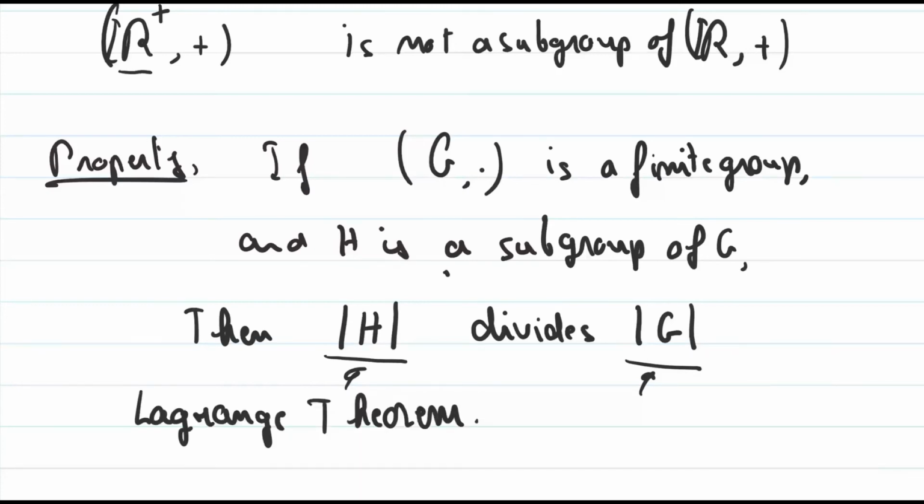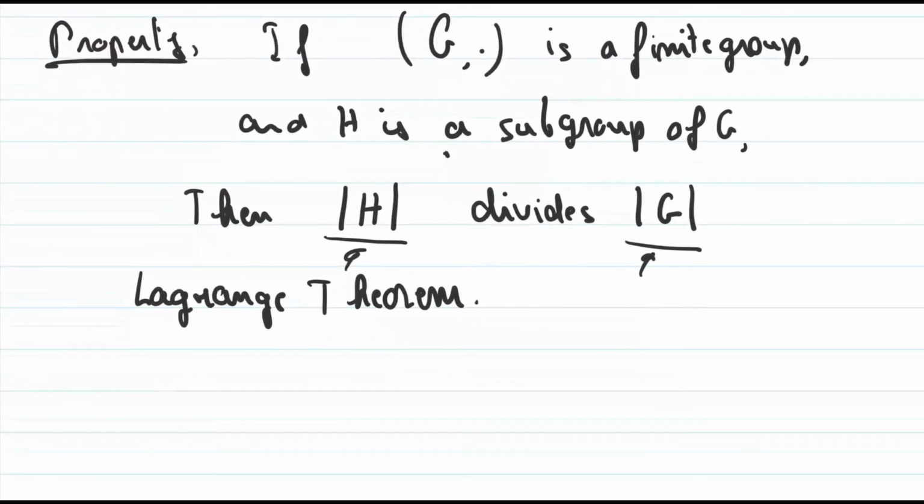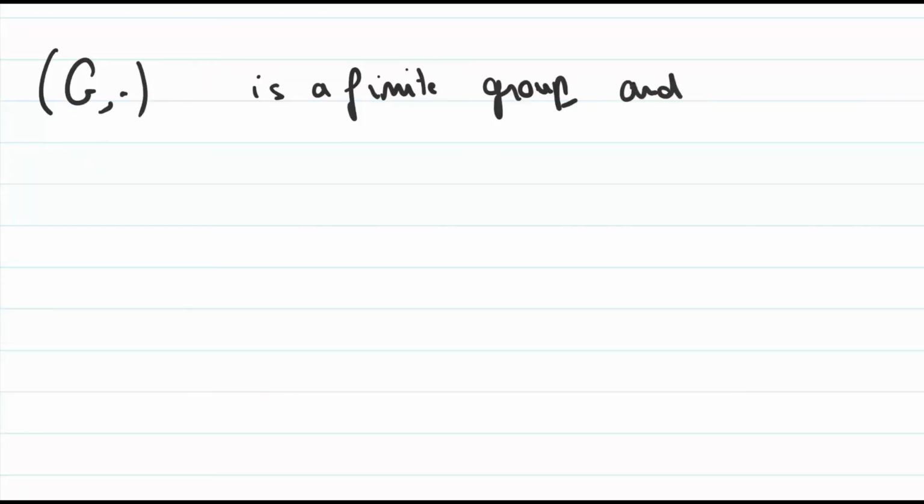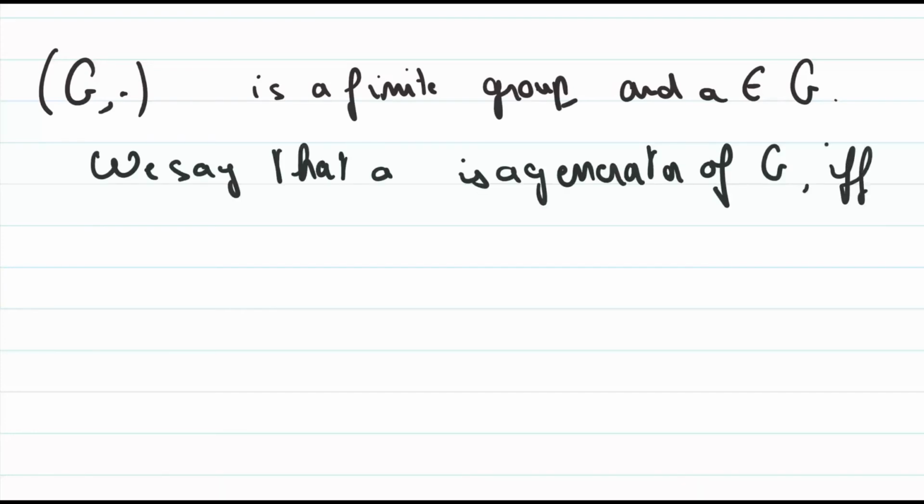Now what's a generator of a group? So let's say I take some finite group G, and I take an element A in G. I say that A is a generator of G if and only if every element of G can be expressed as A to a certain power.